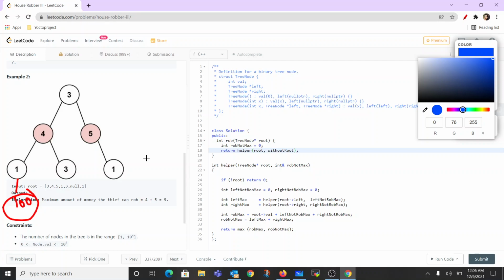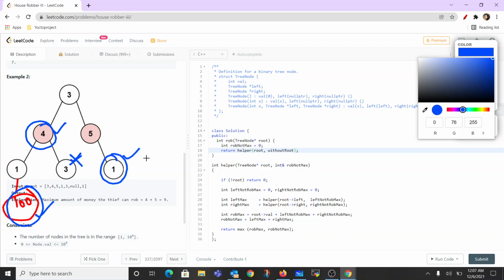Then with 100, one is linked, so we won't choose this one, but we can choose this 4. Then 3 won't be chosen, 5 won't be chosen, but 1 can be chosen. No, 3 here can't be chosen because it is directly linked with 4, but 1 can be chosen. So in this case, our answer would be 100, 4 and 1.